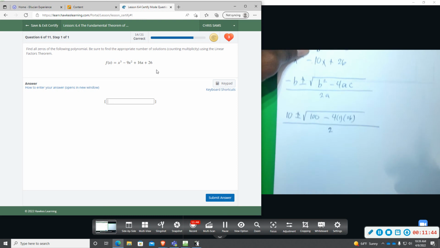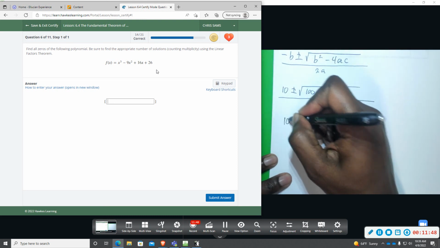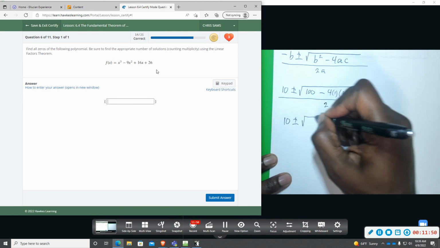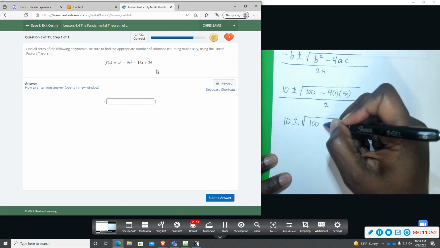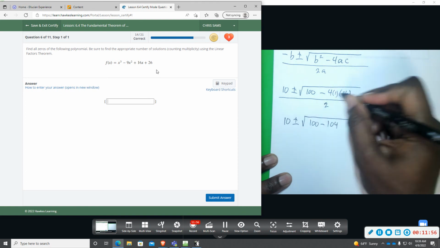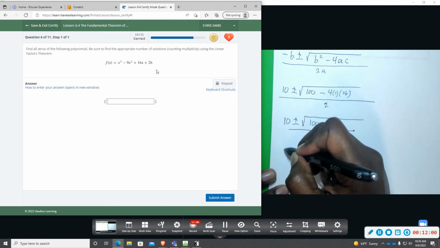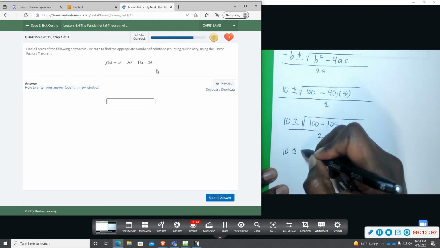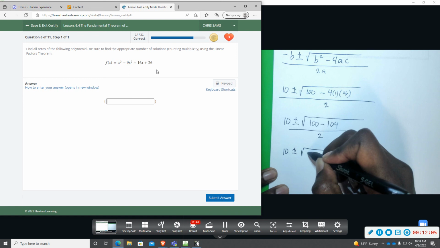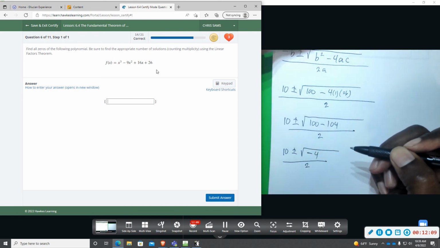I'm going to keep working down. So I have 10 plus or minus square root of 100 minus 104. You multiply all this out, all over 2. And then we get 10 plus or minus the square root of -4 divided by 2. All right.